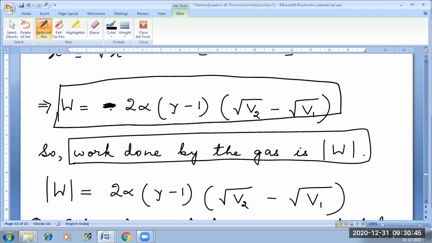But why do we take modulus? Because they have specified to find out the work done by the gas. If they say by the gas or on the gas, you have to report only the magnitude. That's the convention. Okay, sir. But if they don't mention anything, then it is as it is along with the sign. That time, don't take modulus.